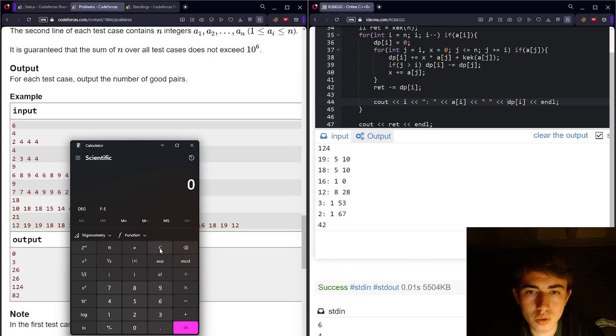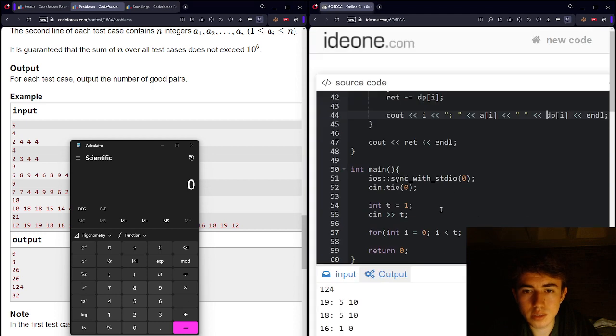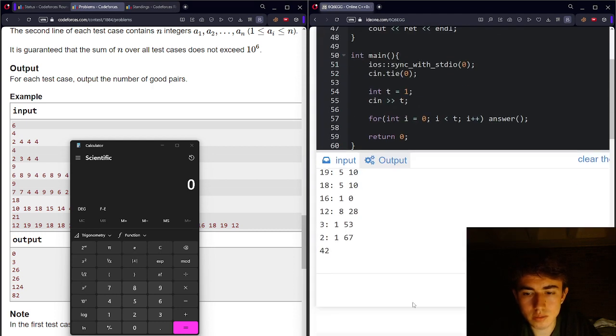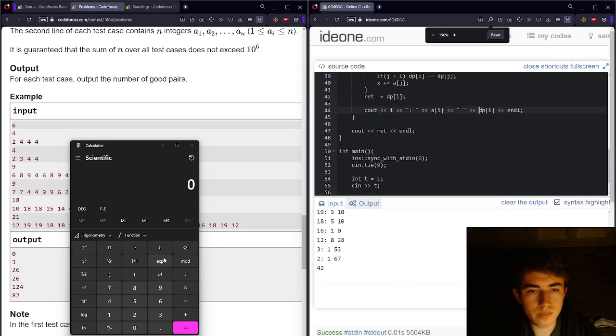Alright, what about with 2? What is everything that can pair with 2? Well, we should have 8. What? Bro. Alright, come on. What are you doing? 2 should pair with the 12, and the 16 and the 18.